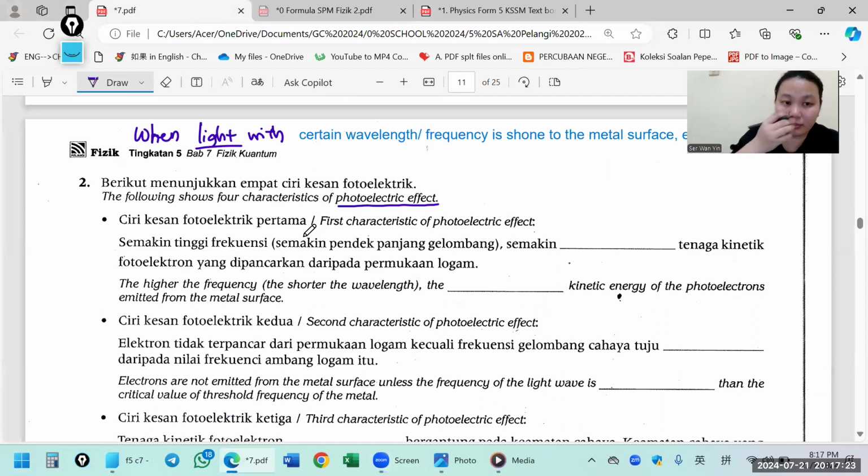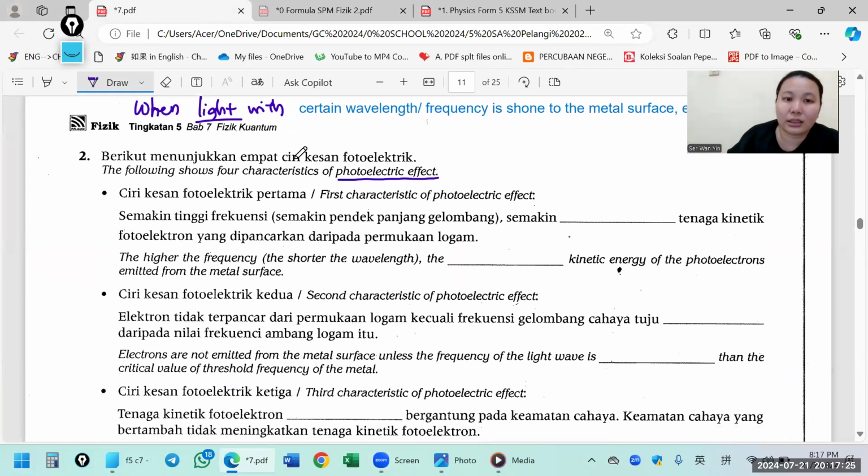Okay, so the first characteristic of the photoelectric effect: the higher the frequency, the higher the kinetic energy of photoelectrons emitted from the metal surface.